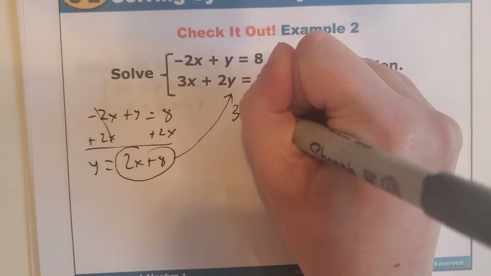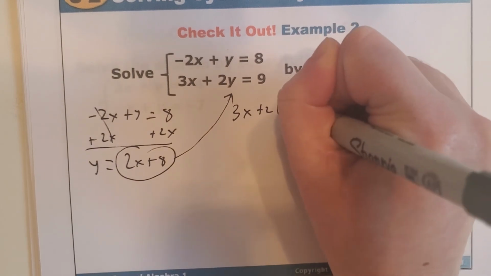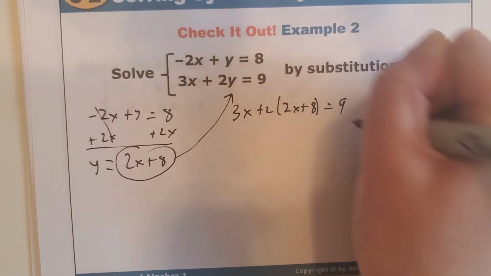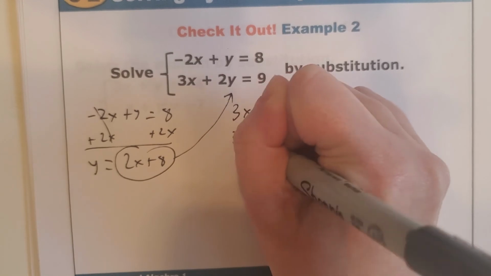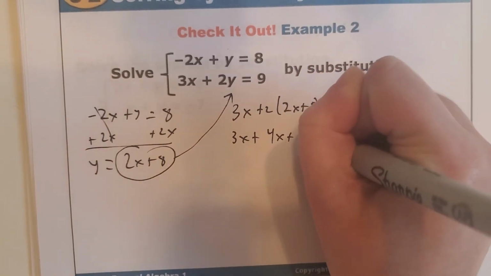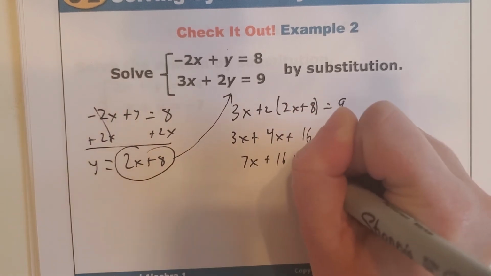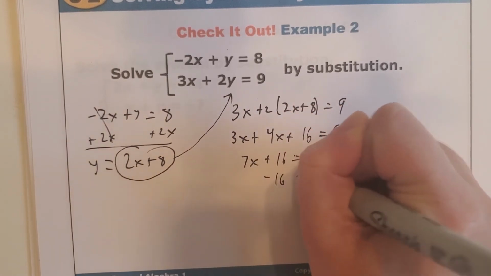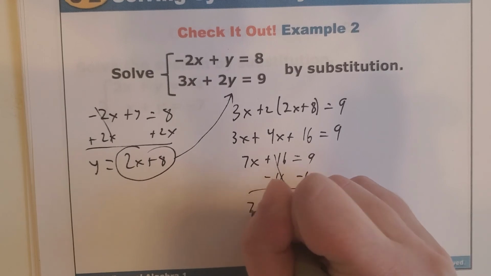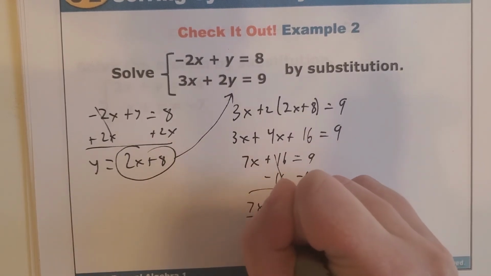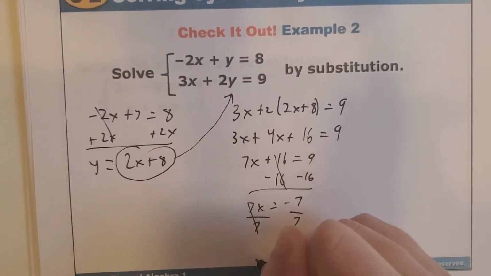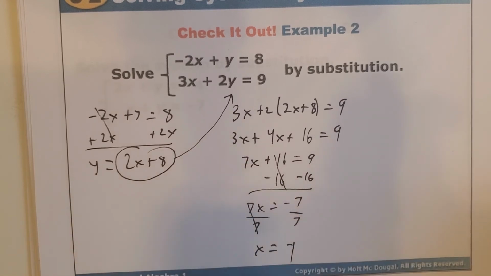So 3x plus 2 times the entire 2x plus 8. 3x plus 4x plus 16. This is 7x plus 16 minus 16. This is negative 7, divide by 7, and x is negative 1.